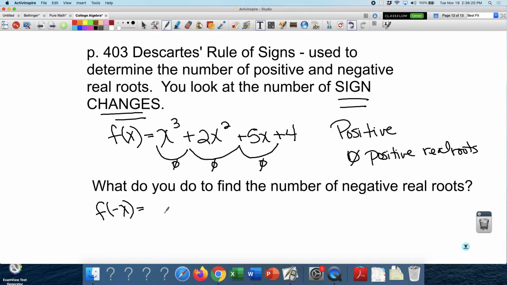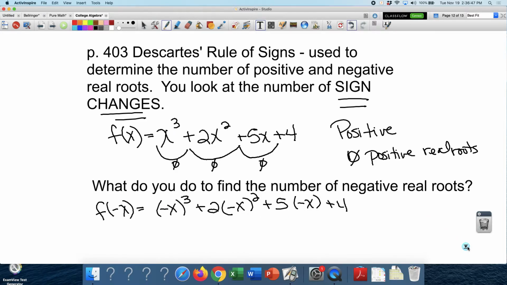Now, the hardest part about this one is making sure that you have the appropriate sign because it all hinges on signs. In place of this x, I'm putting a negative x, so we're going to cube it. In place of this x, I'm putting a negative x, and we're going to square it. In place of this x, I'm putting a negative x and then a 4. So where these all have x, these all have negative x.